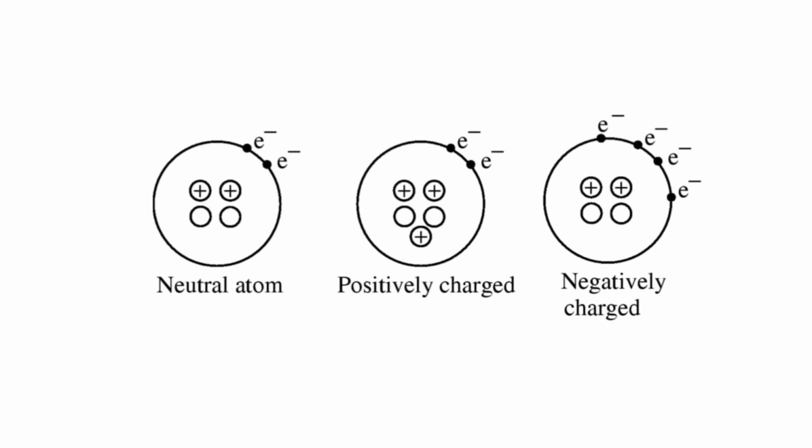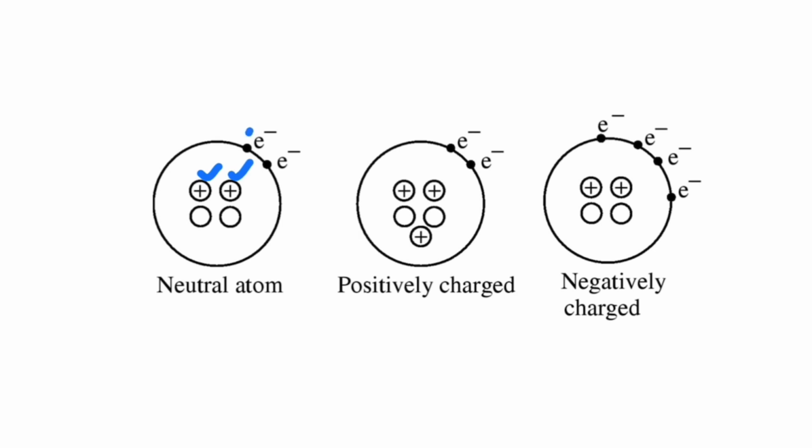Let's start with the neutral atom. When can we say that an atom is neutral? And consequently, on a larger scale, when can we say that an object is neutral? When we have equal numbers of protons and electrons. These small circles that you see with the positive signs are what we call protons.